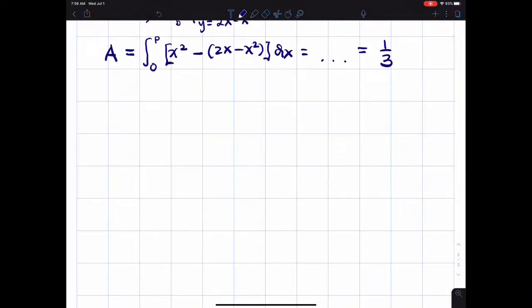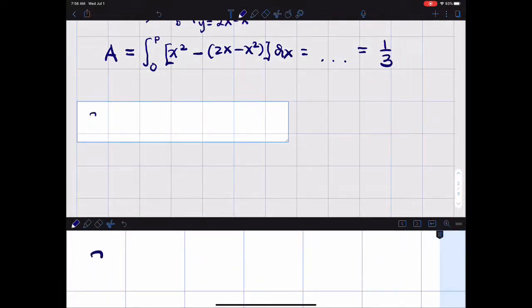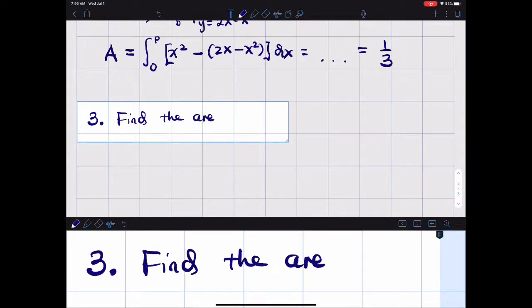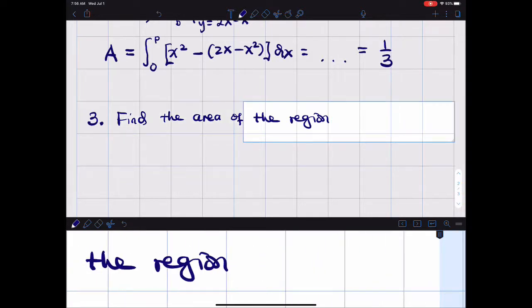Let's do another problem. A third problem. Number 3. Let's find the area of the region between the graphs.